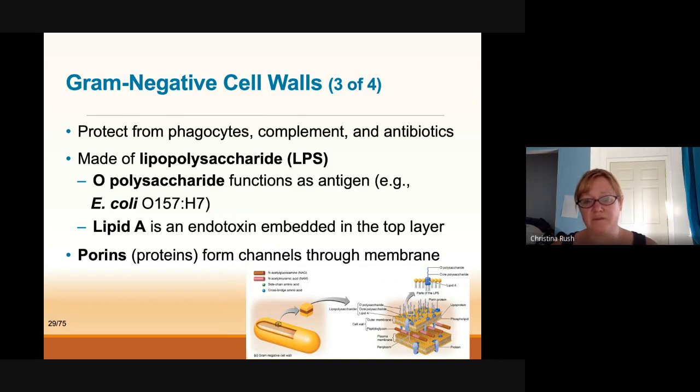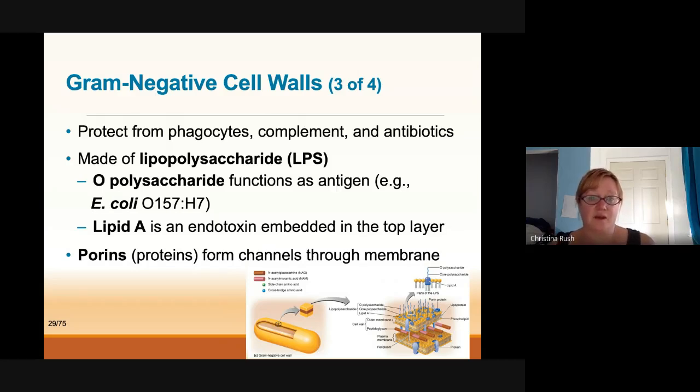Complement is a type of immune reaction in the innate immune system, and we're going to get to that. We have a whole chapter on it. But basically what complement does is it activates a lot of different factors to break open unwanted cells.